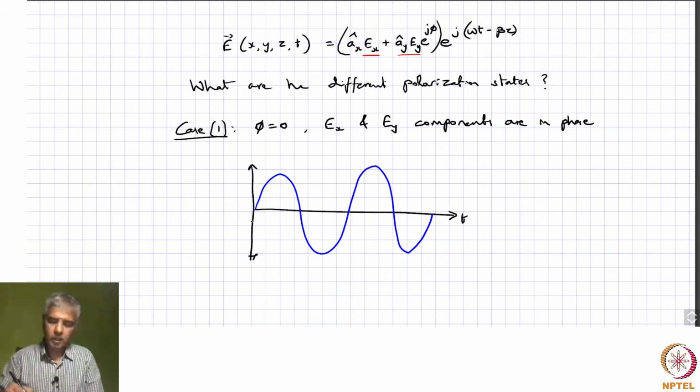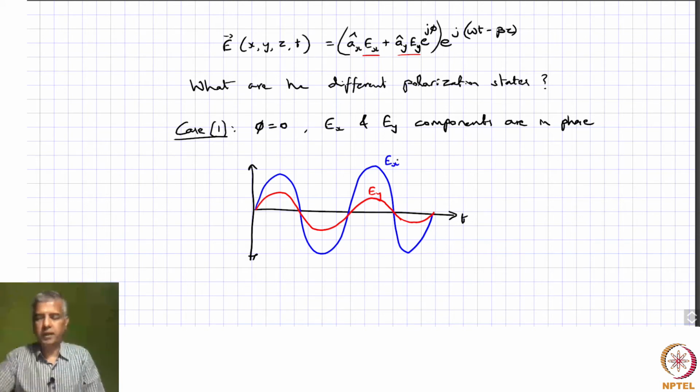Now let's move on and look at case 2. I'd still like to retain this. Case 2 is what if phi equals plus or minus pi by 2.